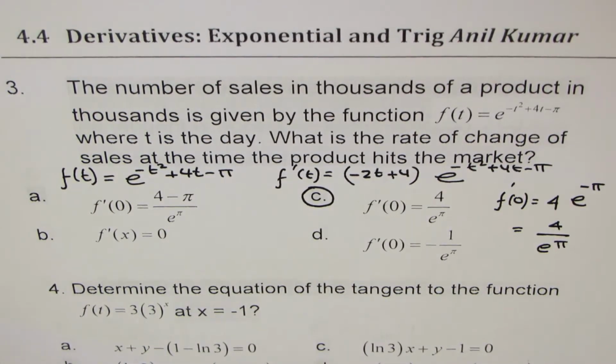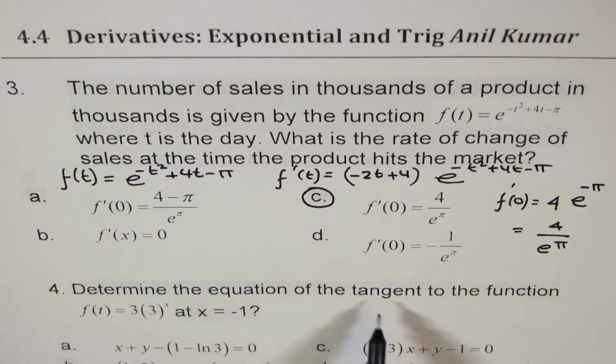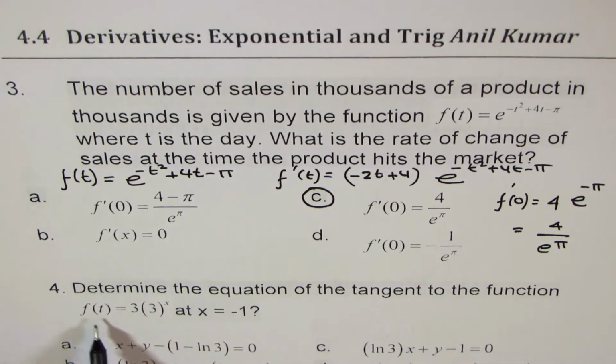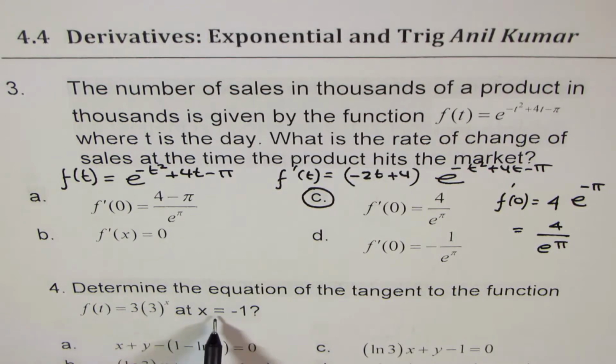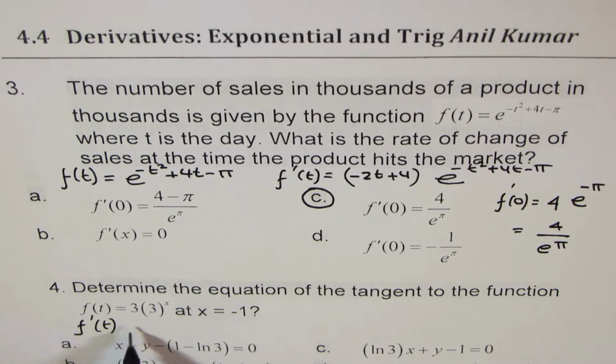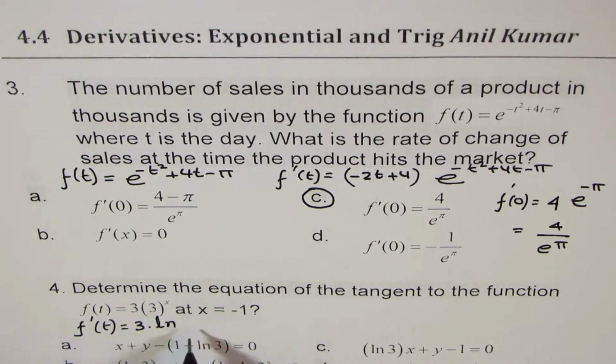Question number 4. Determine the equation of the tangent to the function f of x equals 3 times 3 to the power of x at x equals minus 1. The derivative of this function will be 3 times ln 3 times 3 to the power of x.